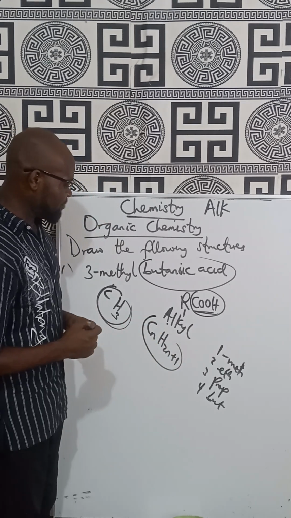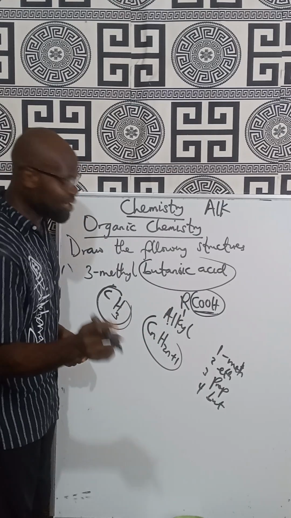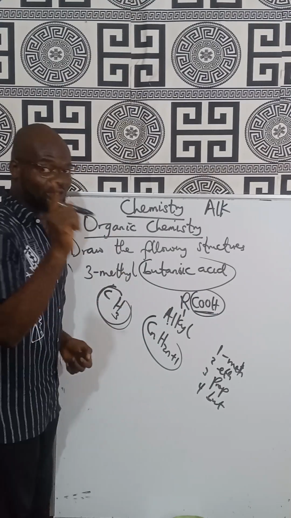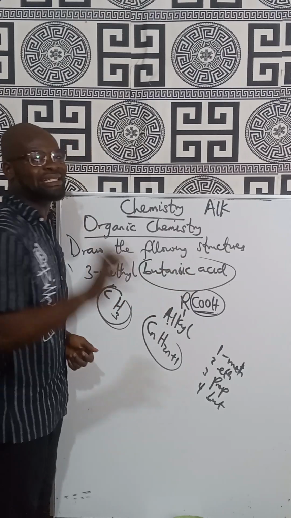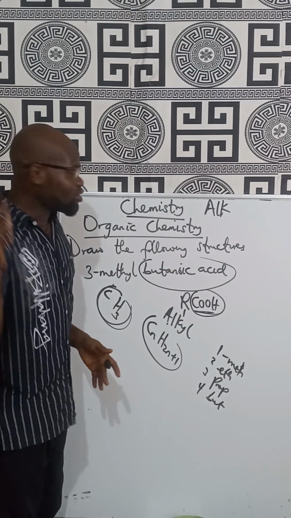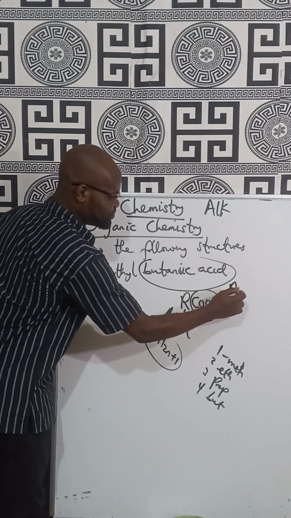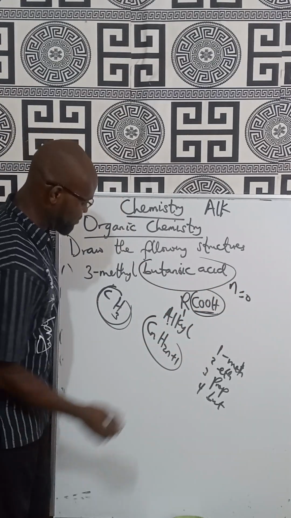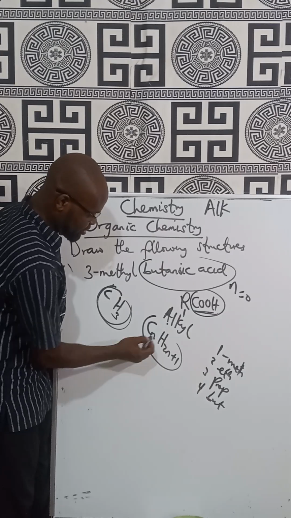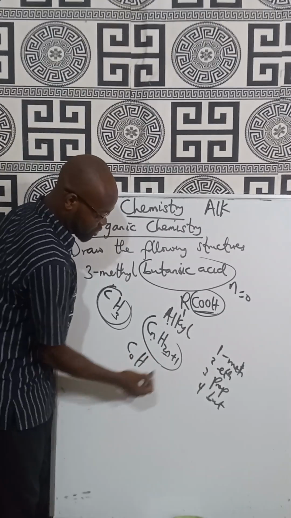Normally we start with 1, but alkanoic acid is a different structure from alkane and alkyne. So for alkanoic acid, you have to start your n as 0. Let's put n as 0 here. That's C0, and H: 0 times 2 is 0, plus 1, that's 1.